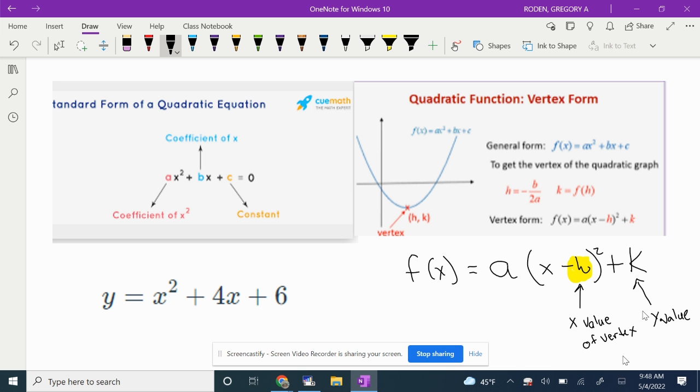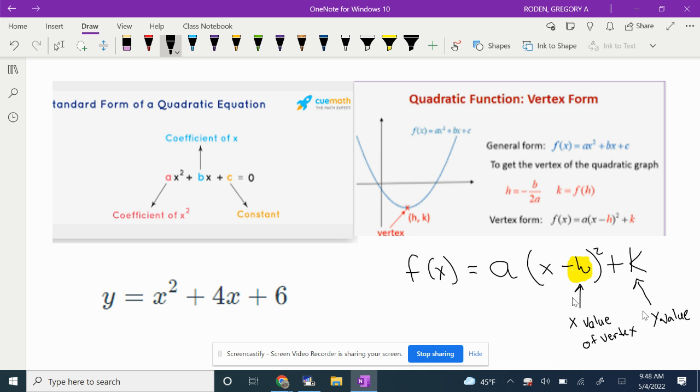Now, here's the deal. If we didn't have access to Desmos and we wanted to graph this equation, we would probably want to put it in vertex form. Vertex form requires you to write part of the problem as a perfect square.